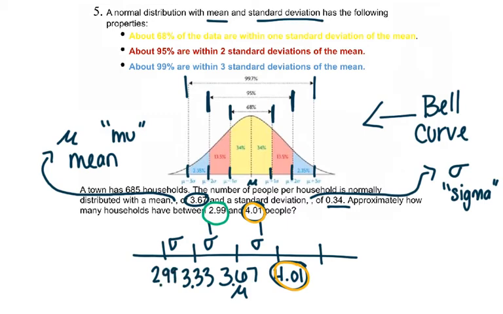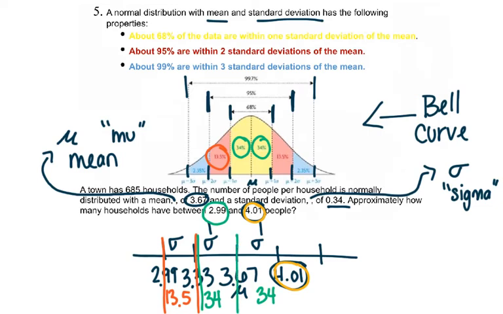Okay, so notice what happens. See this 34% right here and here? So 34% of my data is 1 standard deviation below the mean. 34% of my data is 1 standard deviation above the mean. Right here, I have 13.5. So 13.5% of my data falls right here.